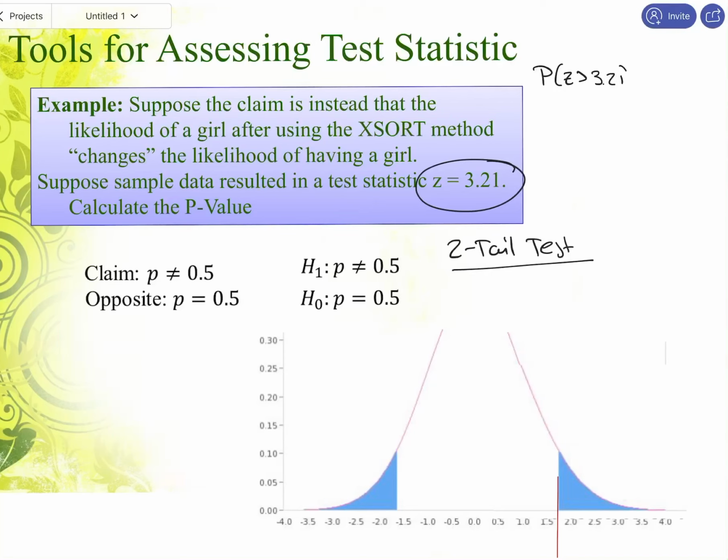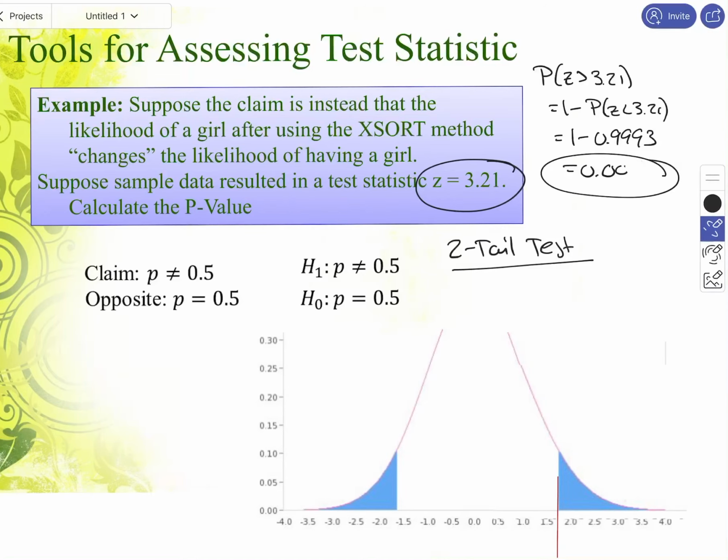So remember, the probability that z is bigger than 3.21 was 1 minus the probability that z is less than 3.21, which is 1 minus 0.9993, which gives us 0.0007.